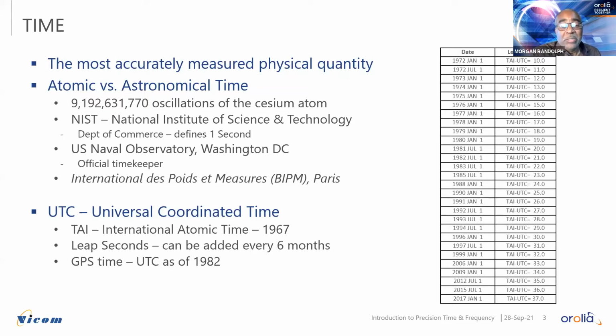The reason they do the leap second is because the Earth is speeding up or slowing down. You can actually take away time or add time. Since I've been here, they've never taken away time. We've always added time. So next time we get a leap second, the difference will be 19 and 38 for GPS and TAI.